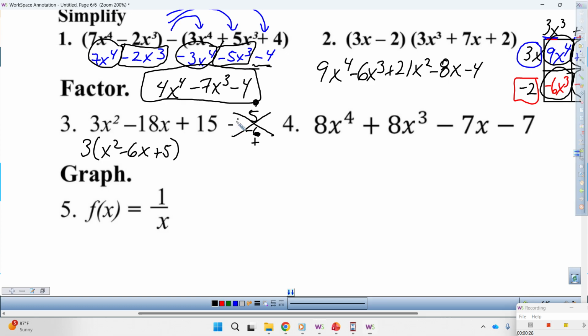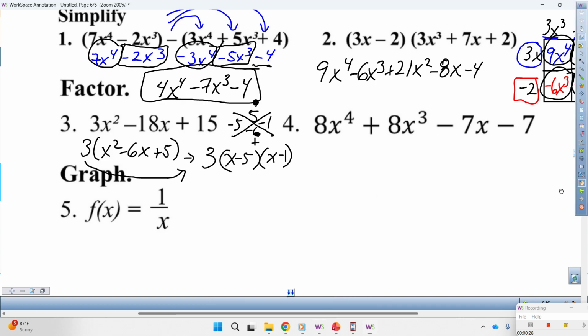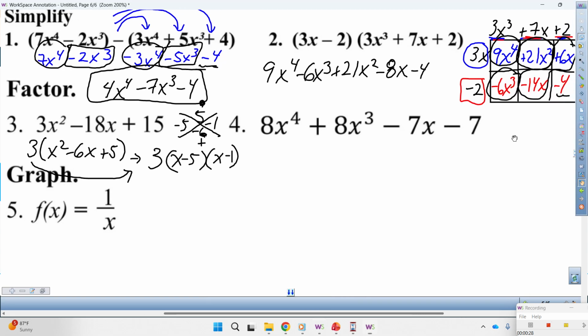Yeah, they become negative. -5, -1. So therefore, we bring over the 3, and then this inside becomes 2 factors, and my factors are x minus 5, x minus 1. And I love these. I like that factoring stuff.